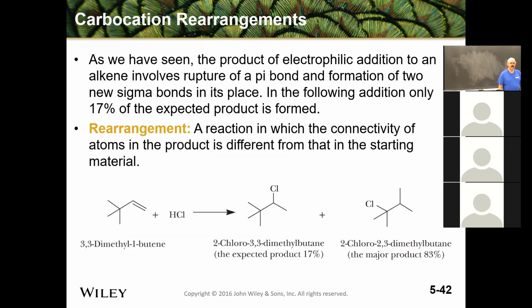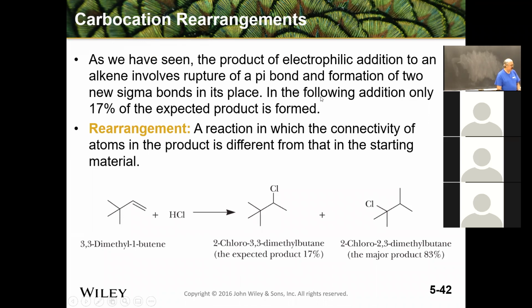Okay, the next aspect of alkene mechanisms that we'll look at is carbocation rearrangements. As we've seen, the product of an electrophilic addition to an alkene involves rupture of a pi bond and the formation of two new sigma bonds in its place.